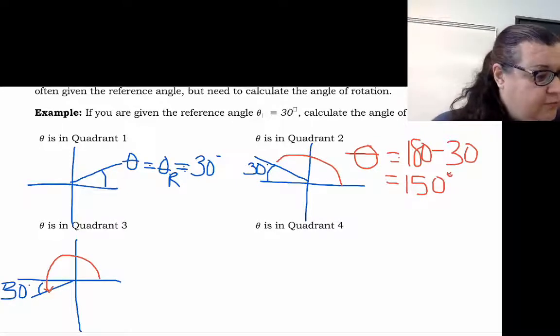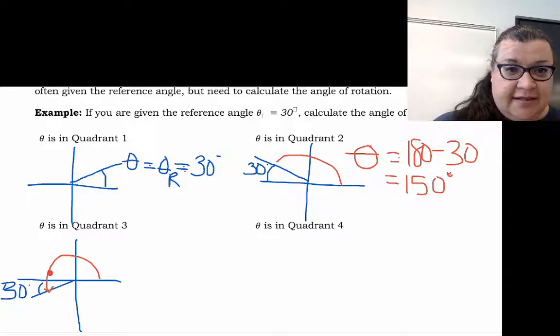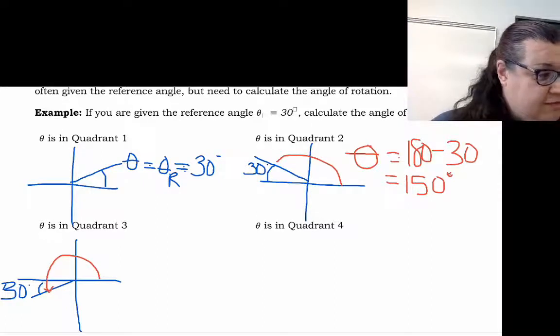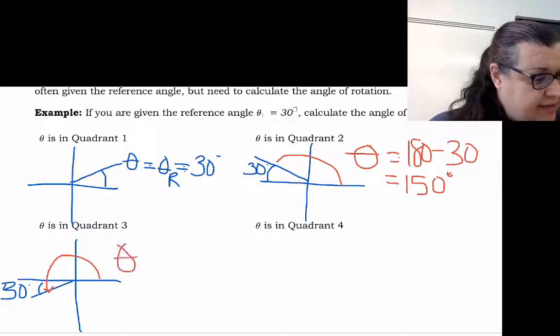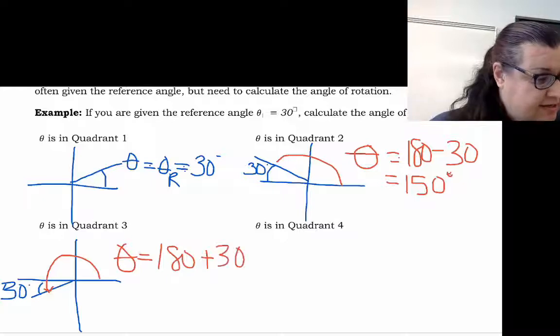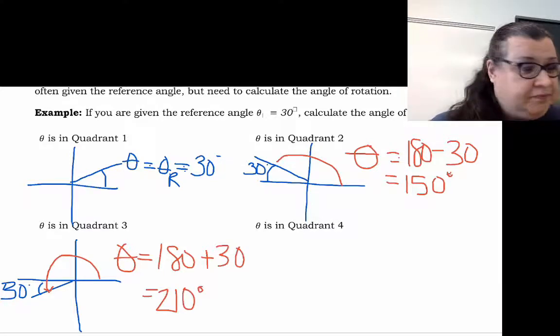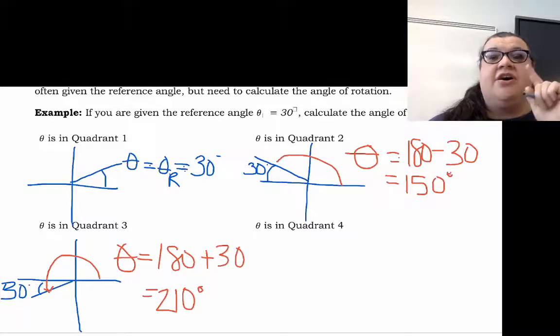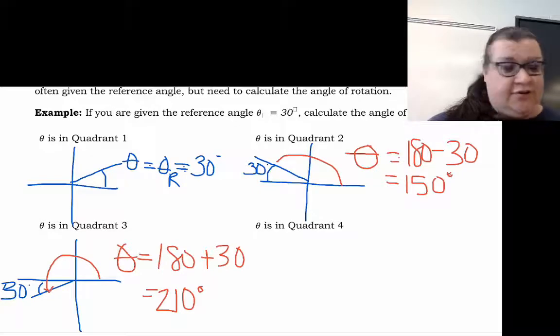Well, from here to here, the whole way from one x-axis to the other x-axis, that's 180 degrees. And then we're just going to go 30 more. So the principal angle in this case is 180 plus 30 degrees, which would be 210 degrees. So again, 30 degrees, 150 degrees, and 210 degrees all have the same reference angle of 30 degrees.